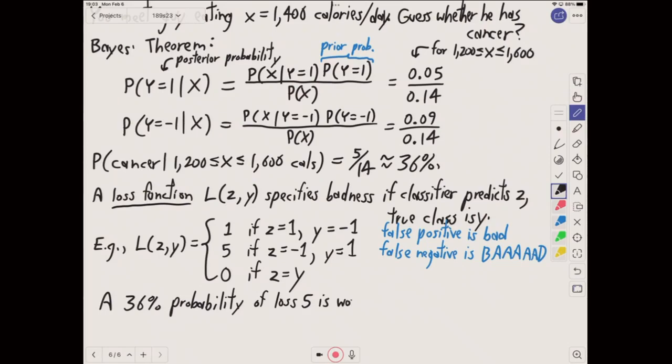And numerically, that's worse than if we predict cancer, and we're 64% likely to be wrong, but if we're wrong, we incur a loss of only 1. So in this case, with this loss function, we recommend further cancer screening. Go on and get that biopsy.